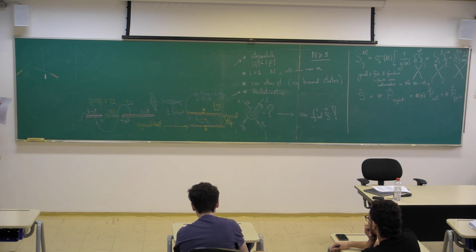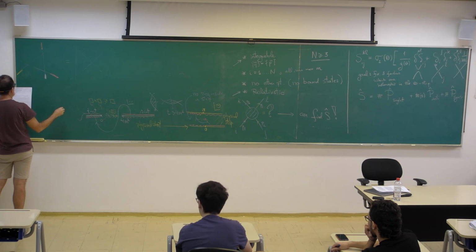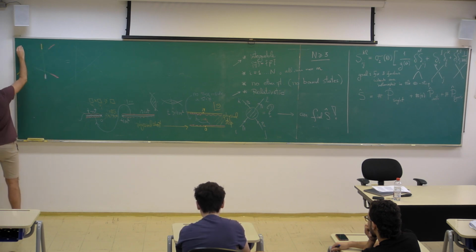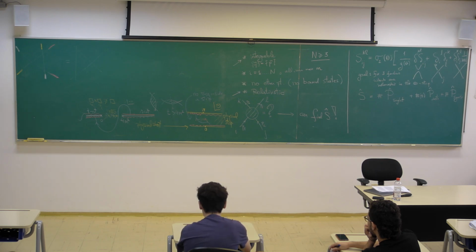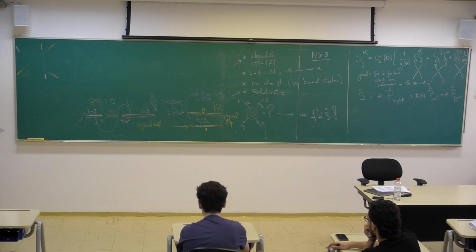And the final state, let's say red, I want to be here. No, I already messed up. I want this to be this one, and I want yellow to be here, and white to be here. So this is the process I want to study. This amplitude for scattering of yellow, white, red to red, yellow, white.